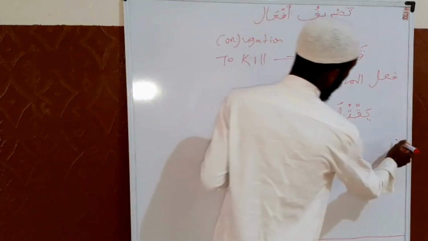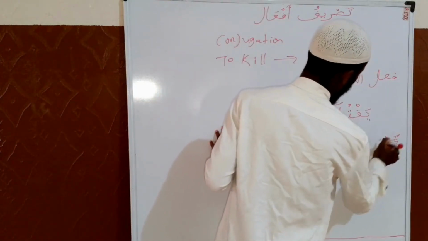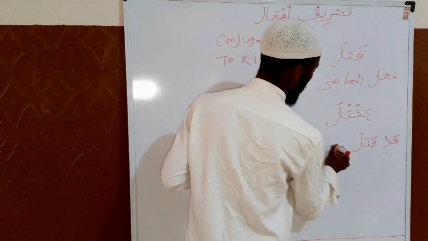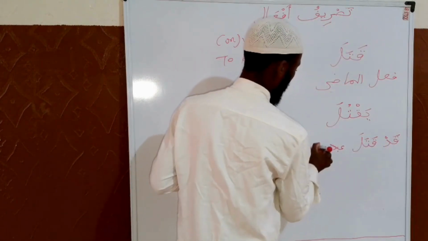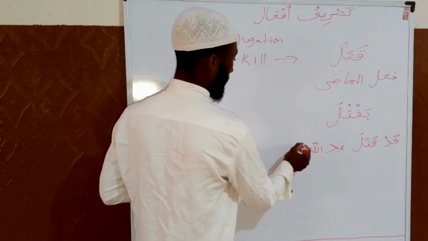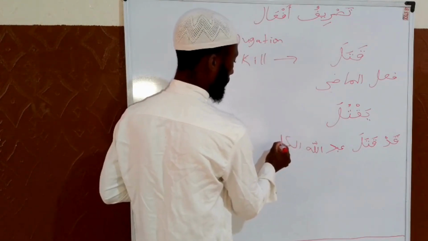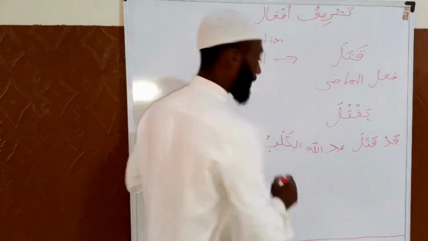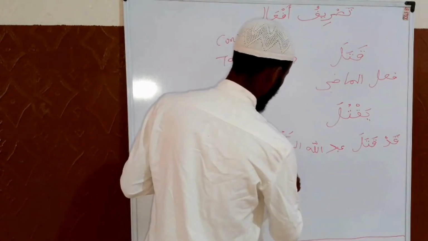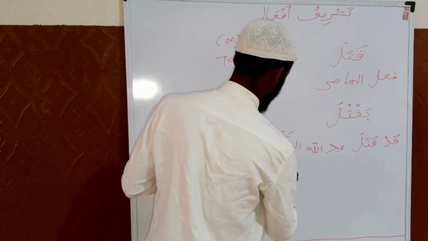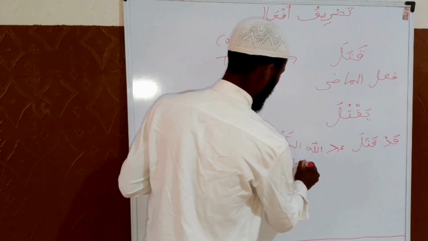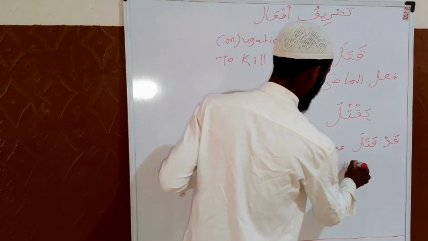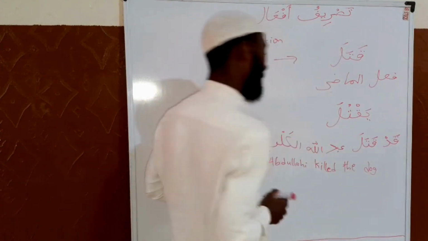So qatala Abdullah al-kalb means Abdullah killed the dog.